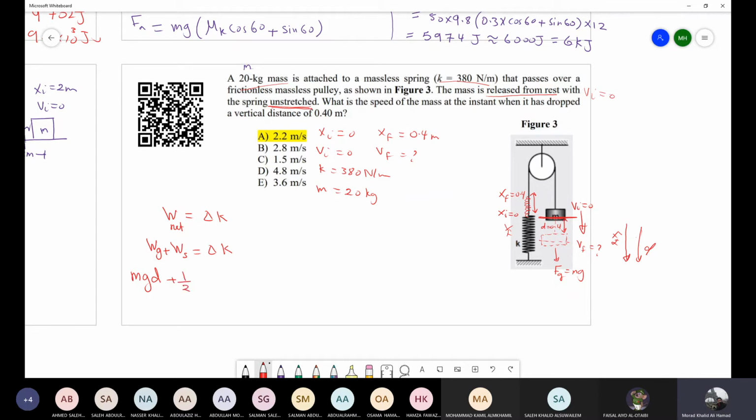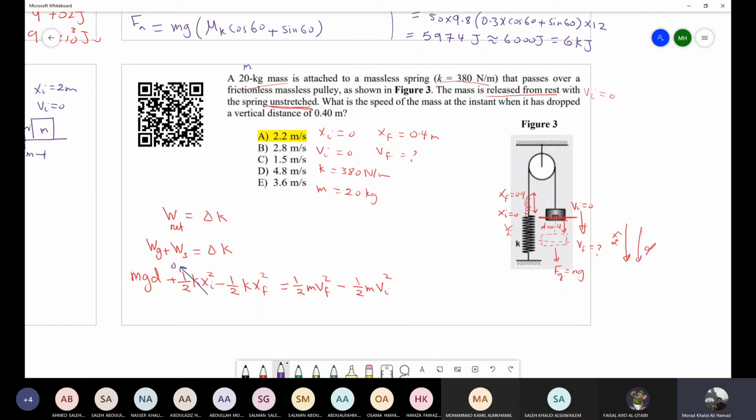Ws is half k x initial squared minus half k x final squared, equal to half m v final squared minus half m v initial squared. From the given, I know x initial is equal to 0, so this one will give 0.